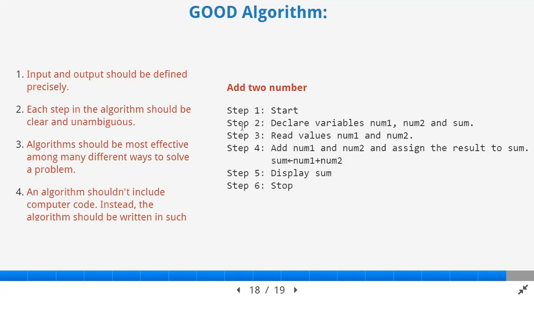So declare the type of variable, read the numbers, do the addition, then display the result, then stop and finish. Okay. But for a real problem in engineering, we do not just add two numbers, but we calculate many numbers using many formulas. And the calculation always changes in each sequence, at each step. First, we have to calculate the angle, then convert it into radians, and then calculate the response of vibration, and so on.